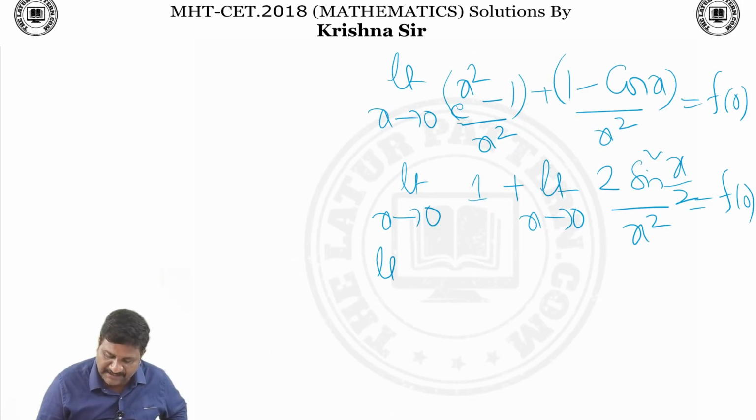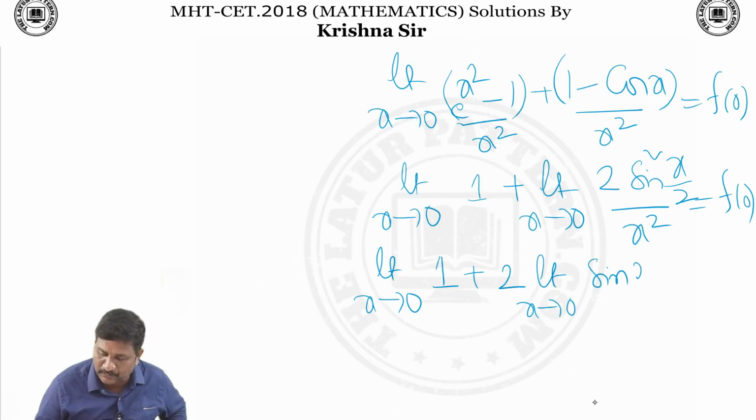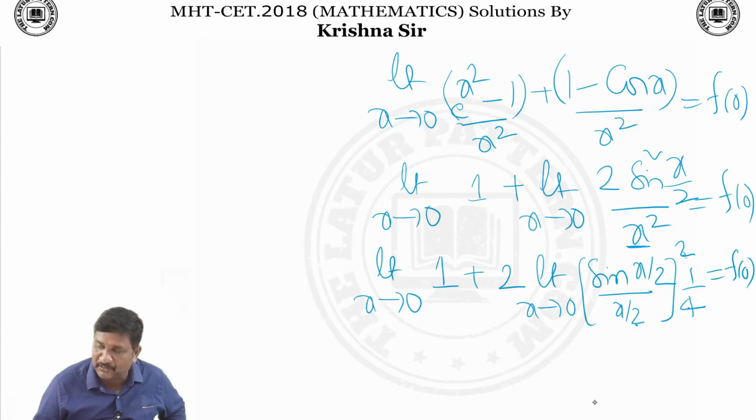So limit x tends to 0, the first value is 1 by a well-known formula, and here 2 into limit x tends to 0 sine x by 2 upon x by 2 whole square. We want it in the form of a square, so sine square x by 2 is in the numerator; here x square by 2 square, 4, we want, so we multiply by 4 and divide by 4, which is equal to f of 0.